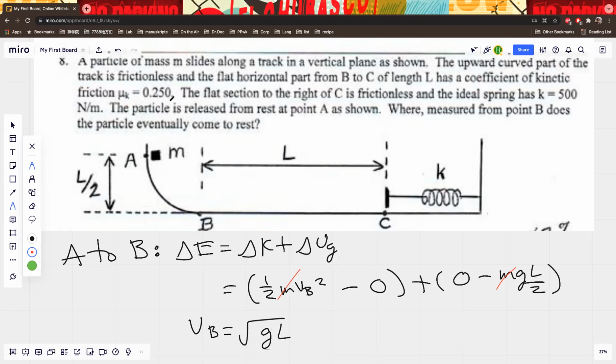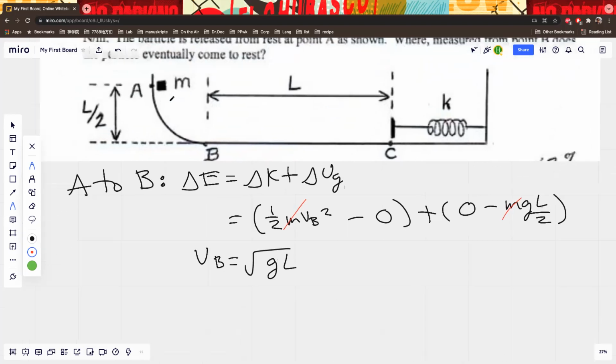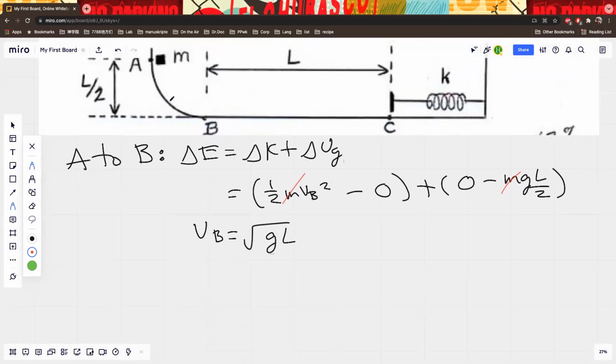I guess after that we need to do from B to C. So this time we have to find how much slower it gets due to friction. And for that, I guess we need to do an F net equation.